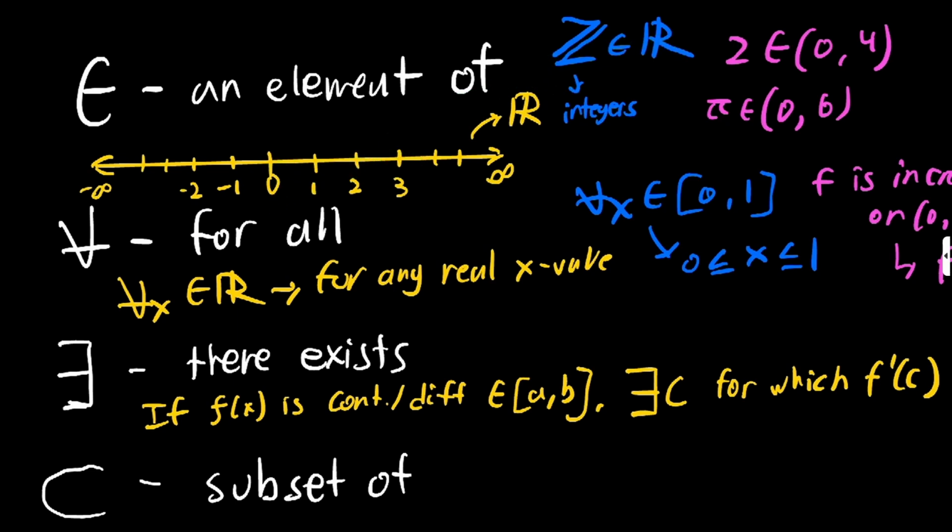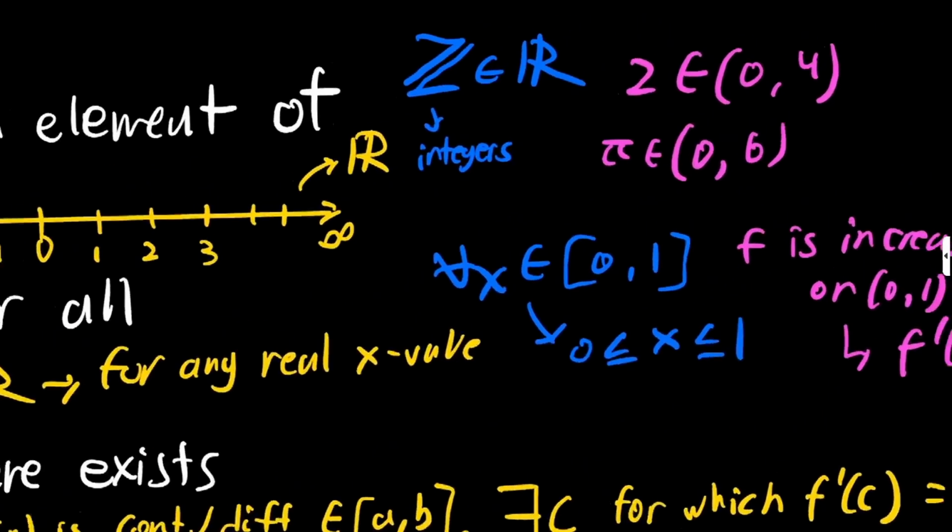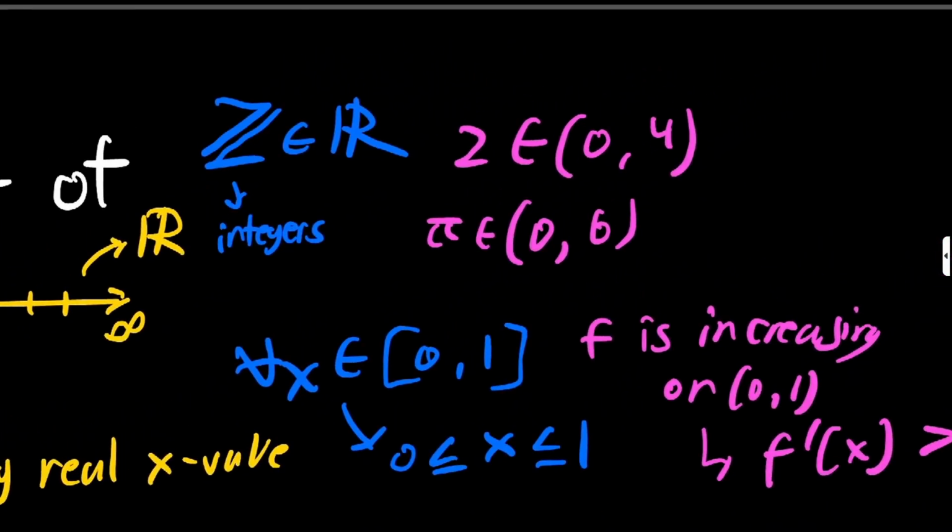Look at it, right? Another example here that gets more specific is you can apply this to anything. 2 is an element of 0 and 4. Pi is an element of 0 to 6 because they're on these intervals.